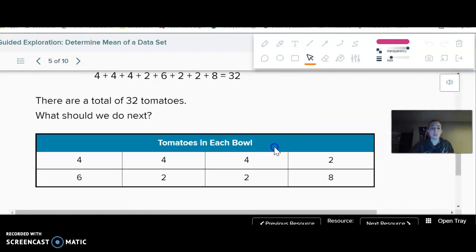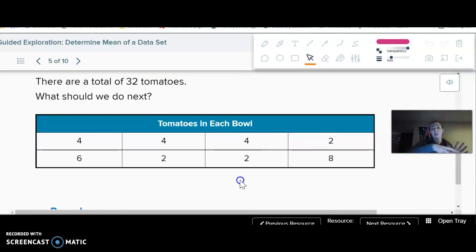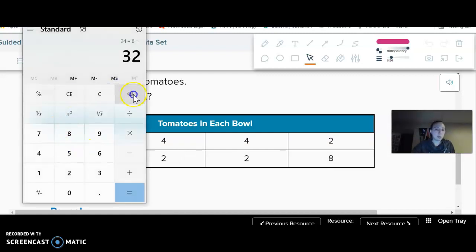And then what are we going to do next? Well, we're going to split them up among the bowls or divide by how many numbers we have. We have 1, 2, 3, 4, 5, 6, 7, 8 numbers. So we divide by 8. And this you might know, but 32 divided by 8 equals 4.